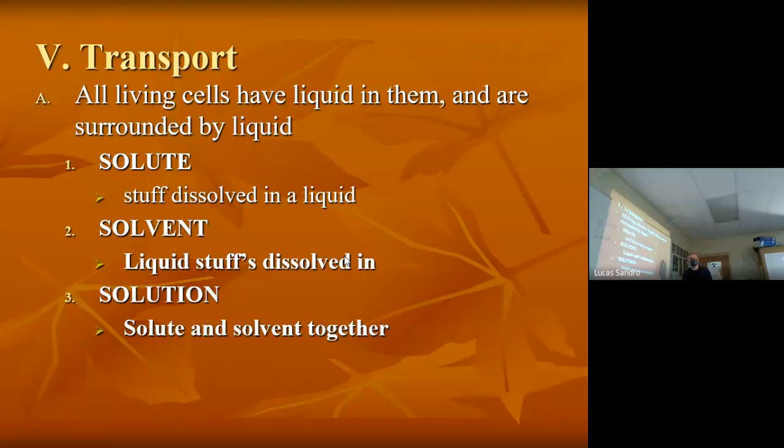But now we need to find a way to talk about how much solute there is. Not just how much there is, but how much there is per amount of solvent. So let's say I make 2 gallons of Kool-Aid.